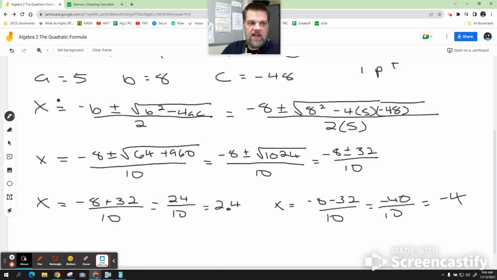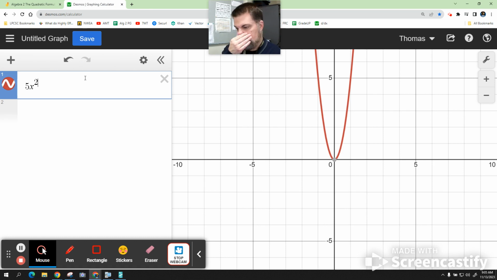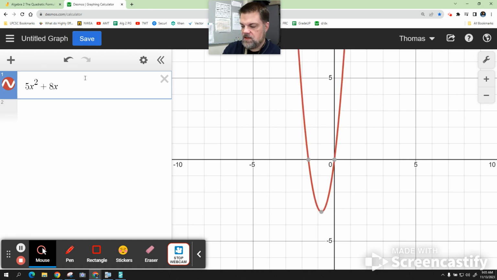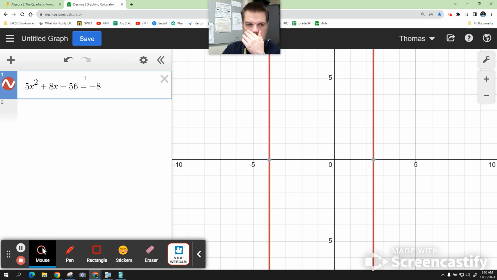So I'm going to go back to this original equation, and I'm going to graph that. Remember, I can't use a's. I have to replace it with x's. So I'm just going to say 5x squared plus 8x minus 56 equals negative 8. And it crosses at negative 4 and 2.4 for the x values.